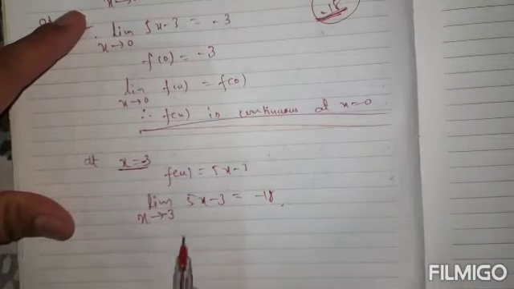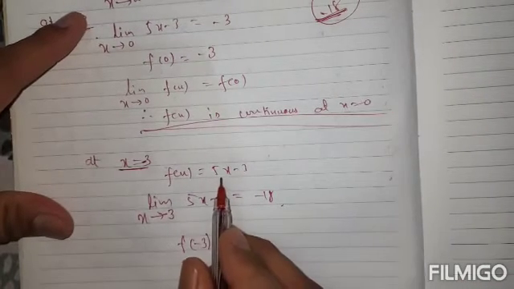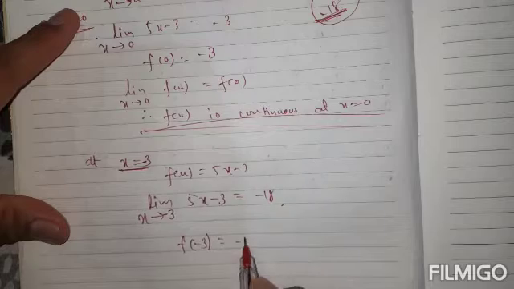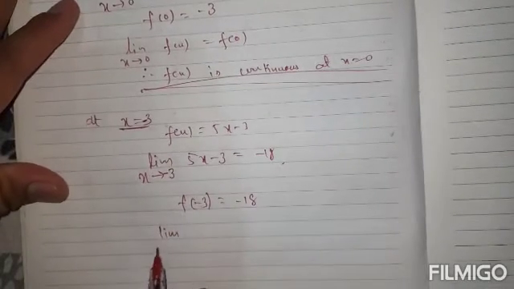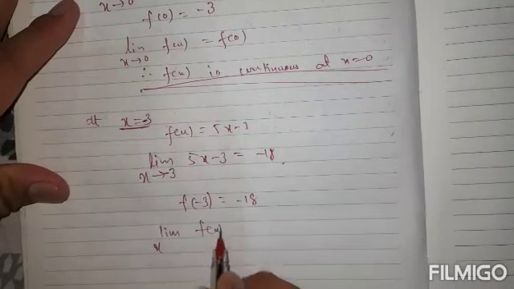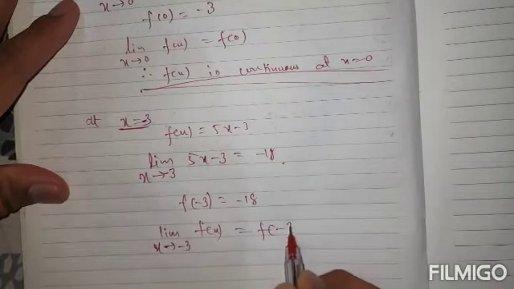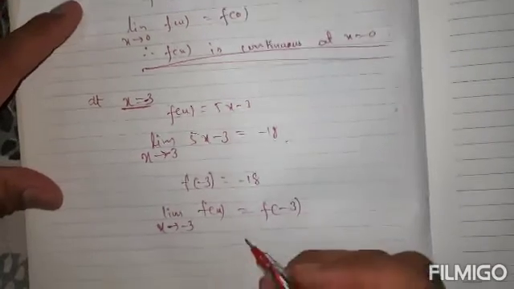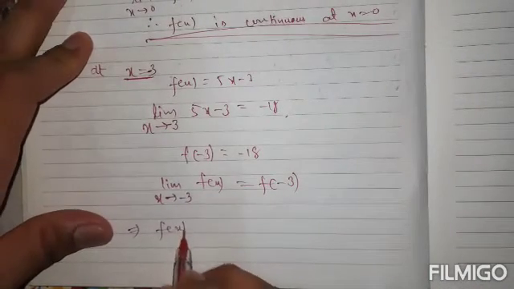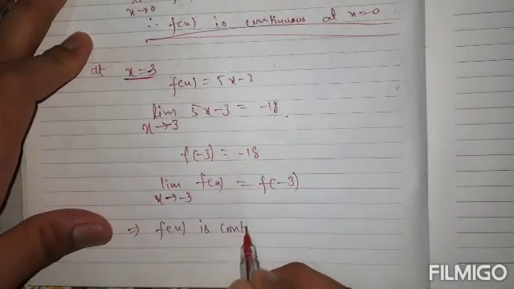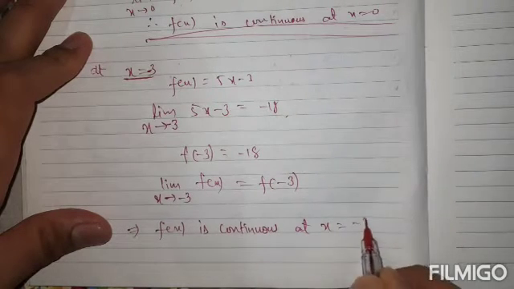And if we find the functional value f of minus 3, we substitute this value directly, so this is also minus 18. In this case also the limit of f(x) as x tends to minus 3 is the same as its functional value. So we can say that f(x) is continuous at x equal to minus 3 also.